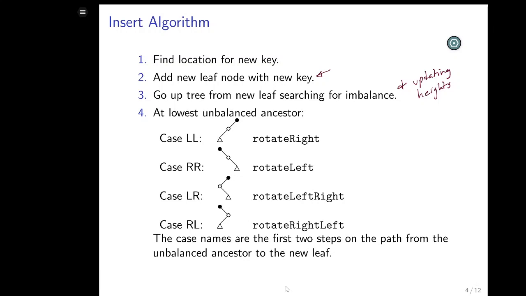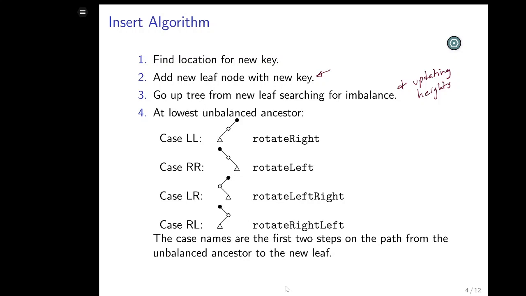Because when you add a new leaf, it's possible that you've increased the height of the parent node, which might increase the height of the grandparent, which might increase the height of the great-grandparent, et cetera, as you go up. So you do that update as you go up, and every time, you're checking whether the balance criteria is satisfied, because the heights have changed potentially.